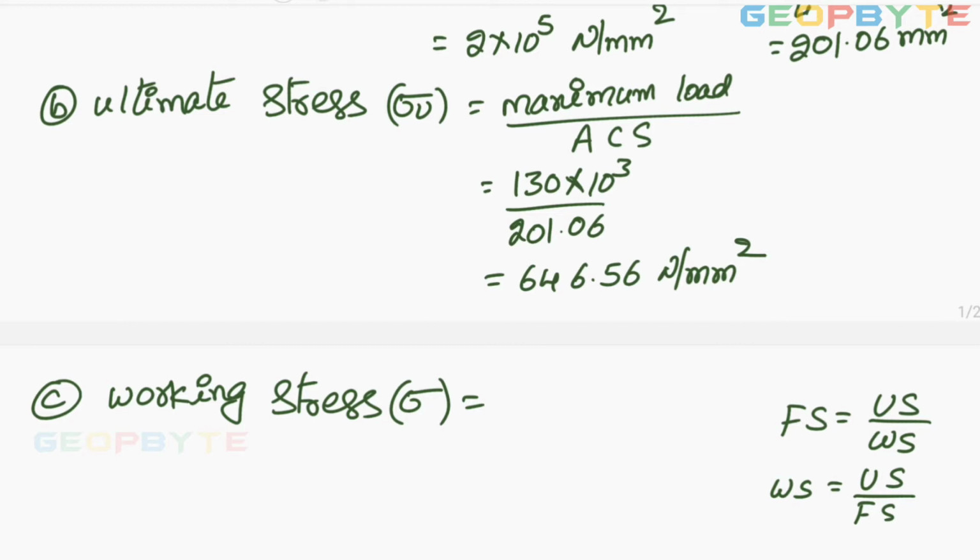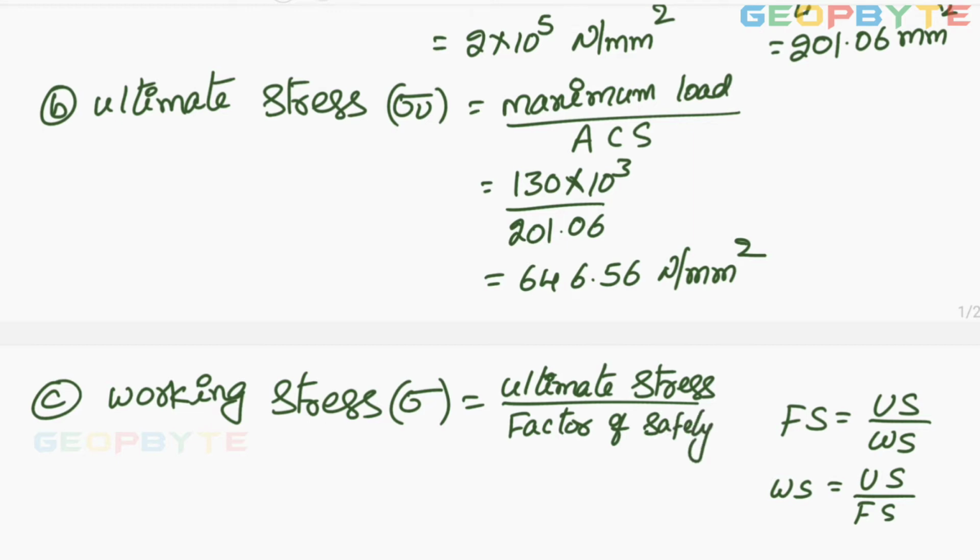So working stress equal to ultimate stress divided by factor of safety. Here ultimate stress is 646.56. Factor of safety is given as 3.